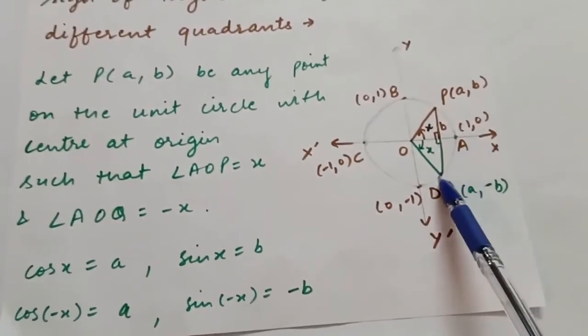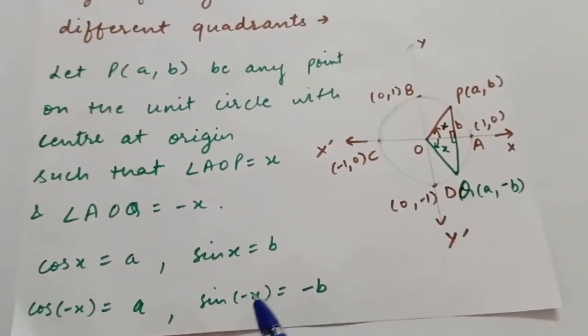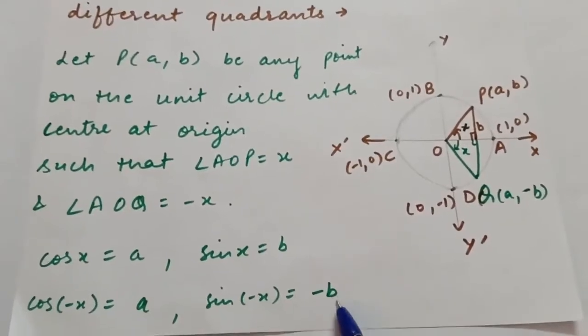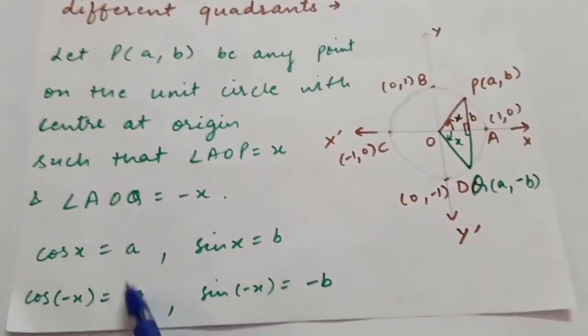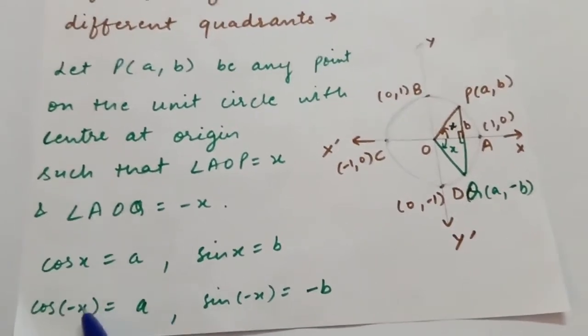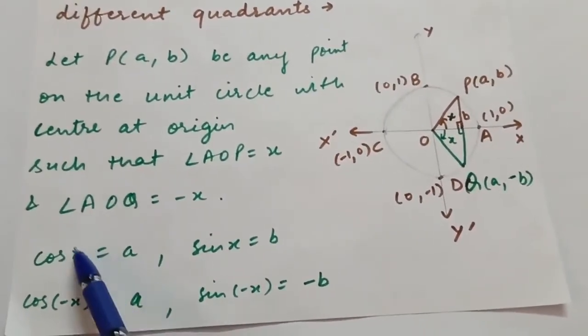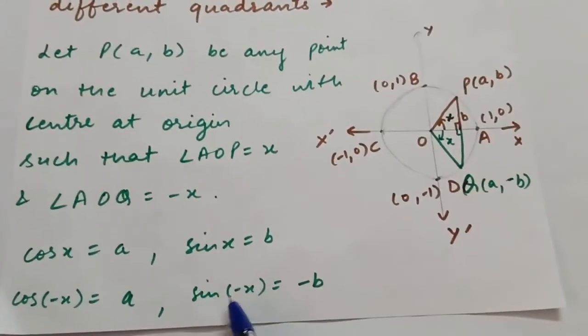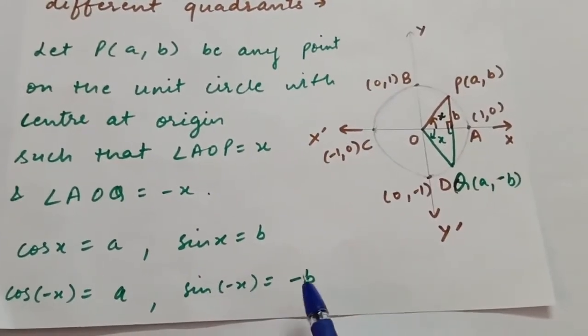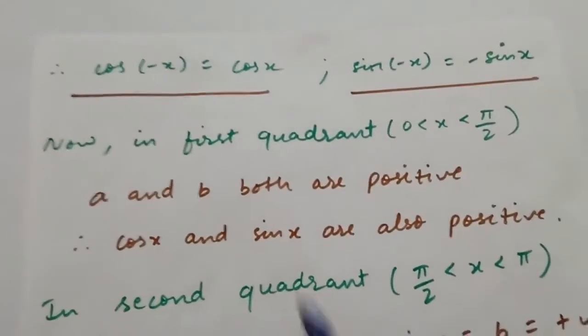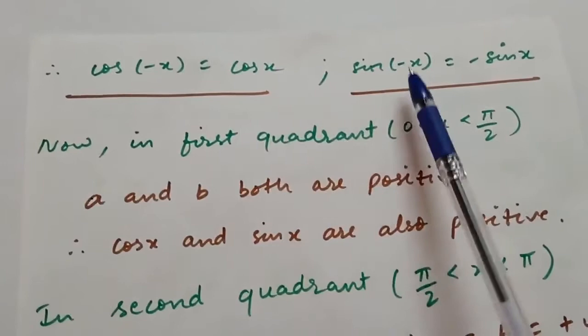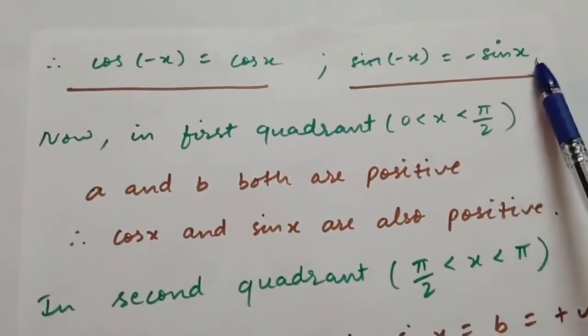Because this is in the negative of y-axis. So sin of minus x is minus B. So we can say cos of minus x is equal to cos x, but sin of minus x is equal to minus of sin x, right? So we got this: cos of minus x is cos x and sin of minus x is minus sin x.